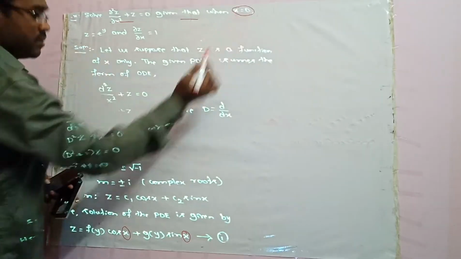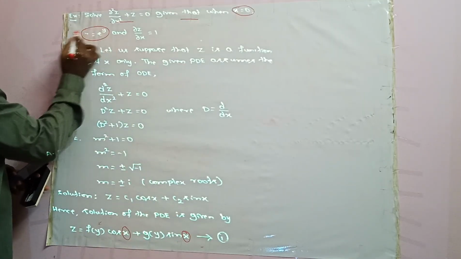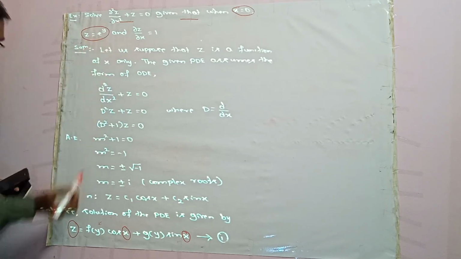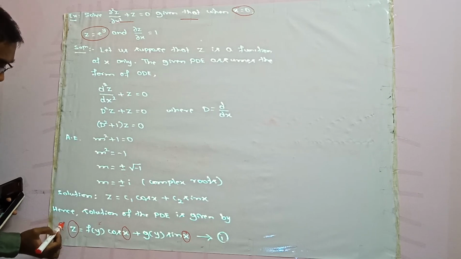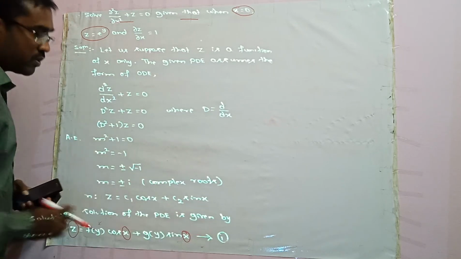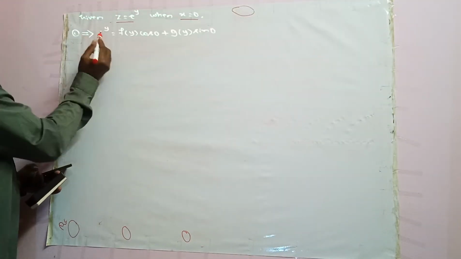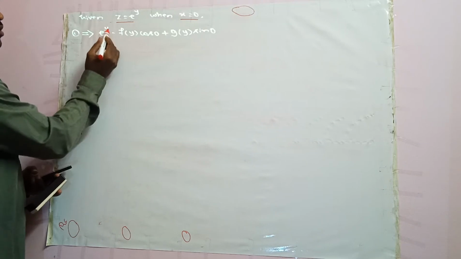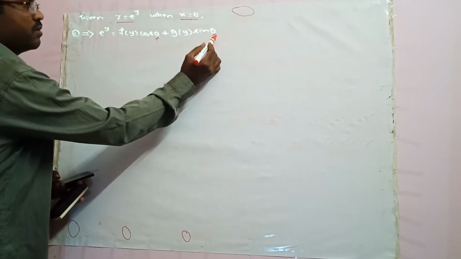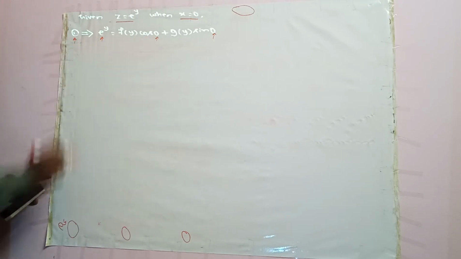When you replace x is equal to 0, your z becomes e to the power y, so in the place of z we write e to the power y. See, these are the changes made to equation 1.